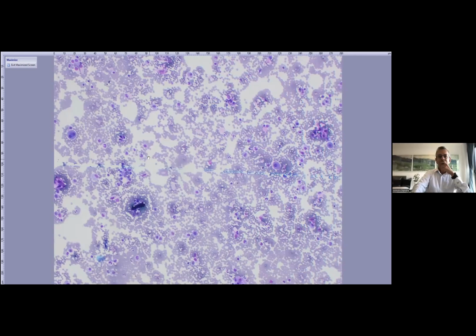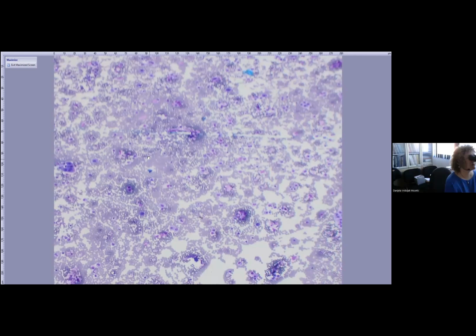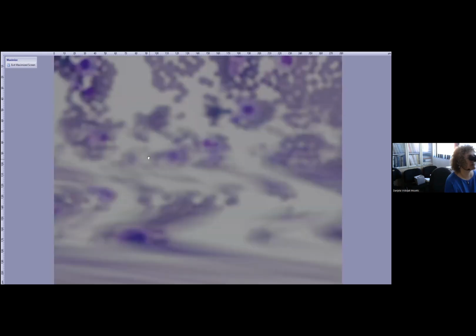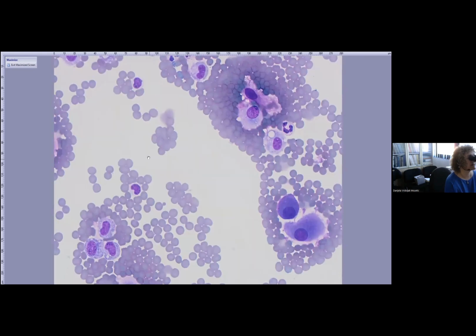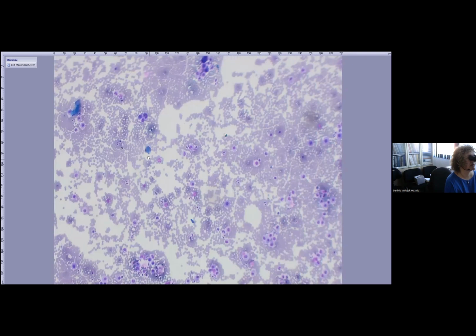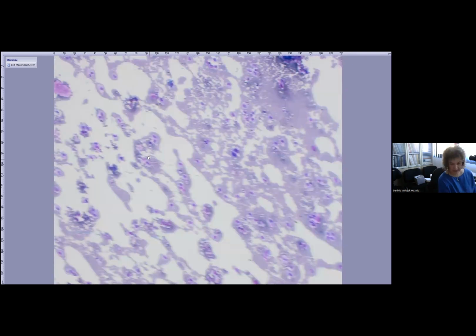So we wanted to be sure. These are all mesothelial cells, a little bit reactive. Okay, this was MGG. Now the Pap stain.